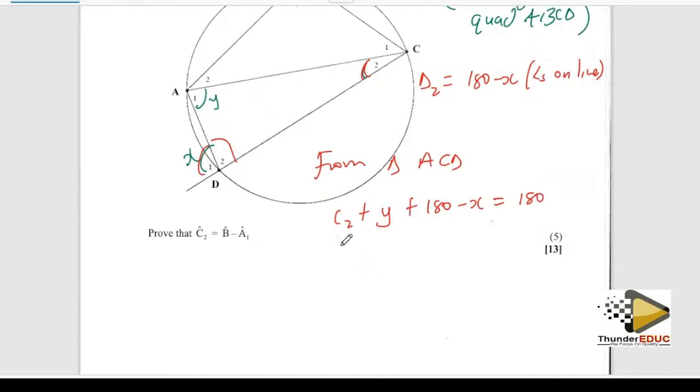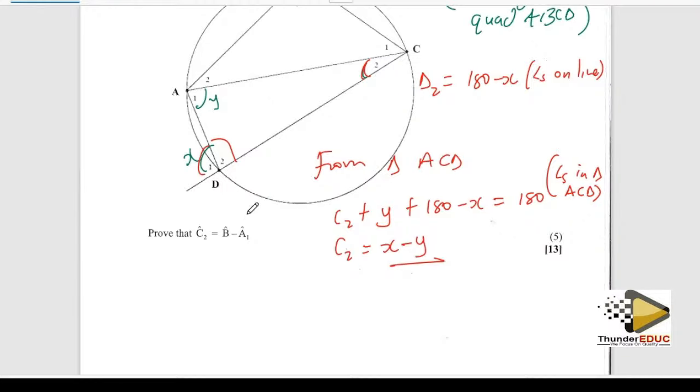Reason, angles in triangle ACD. I'm going to move everything that side and leave C2 on one side. So C2, when I move the 180 that side, it cancels out, move the X that side, it will be just X. And then the Y is going to be minus Y. So that is my C2.